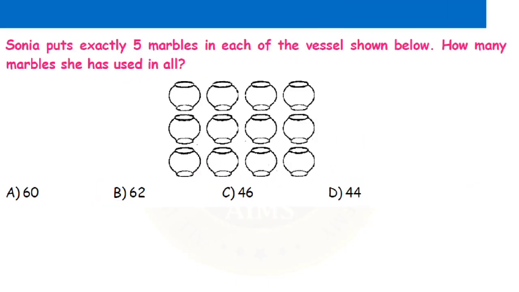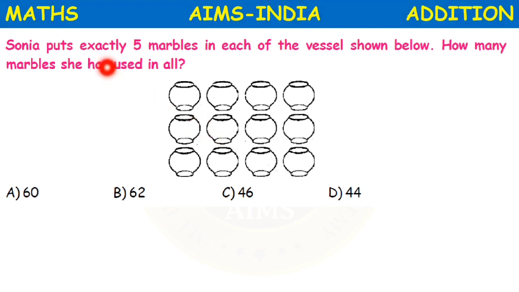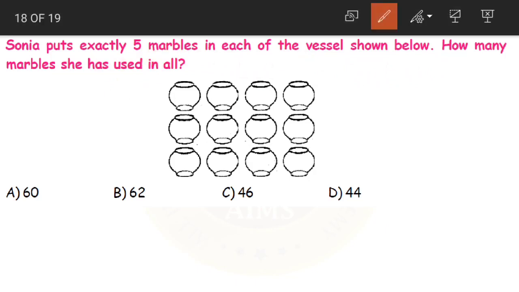Coming to the last question. Sonia puts exactly 5 marbles in each of the vessels shown below. How many marbles has she used in all? Now let us count the number of vessels first. 1, 2, 3, 4, 5, 6, 7, 8, 9, 10, 11, 12.